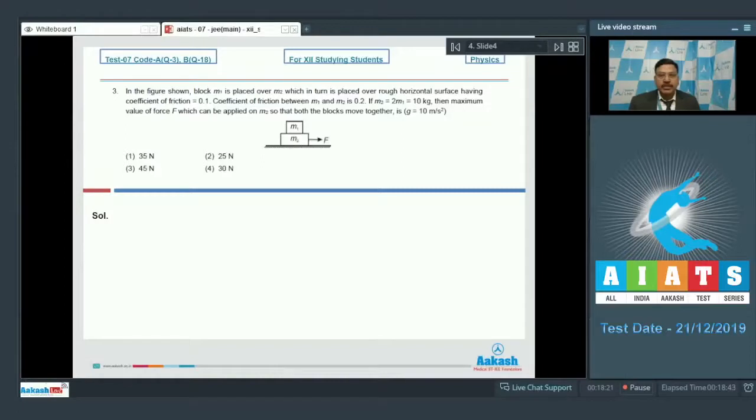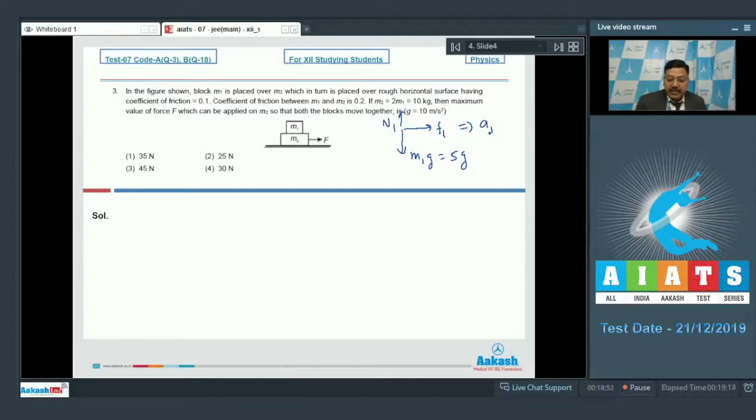So what we do is we look at free body diagram of M1. With respect to M2, M1 has a tendency to slip towards left. So friction on M1 is towards right. So on M1 you have its weight M1g, and M1 is 5 kg, so this is say 5g or 50 Newton. There is normal reaction N1 applied by M2, and there is frictional force F1. Let's say its acceleration is A1 towards right.